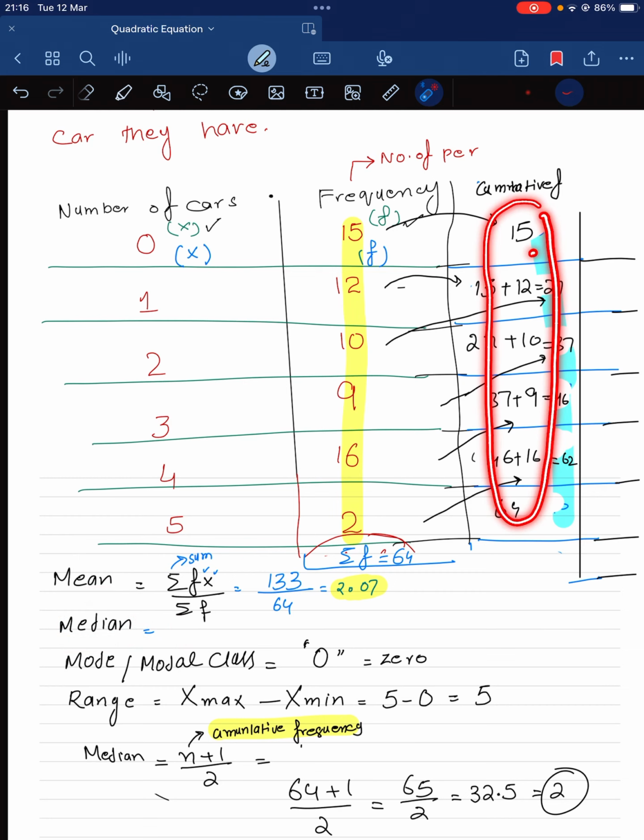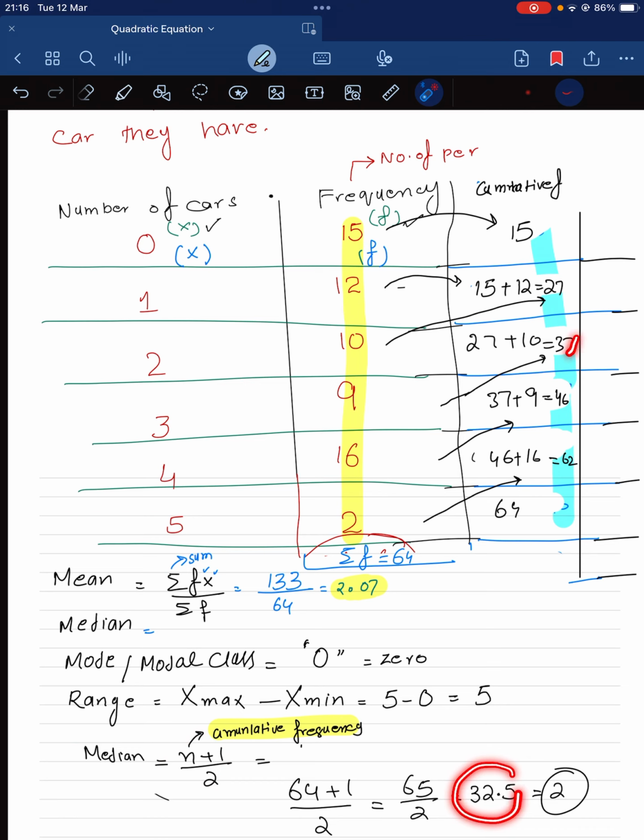The last quantity we get in the cumulative frequency column is the value of n. Then we replace the value in the median formula, and this will give you a value. Then we search for this value in the cumulative frequency column. Against that value, the number present in the x column is your median.